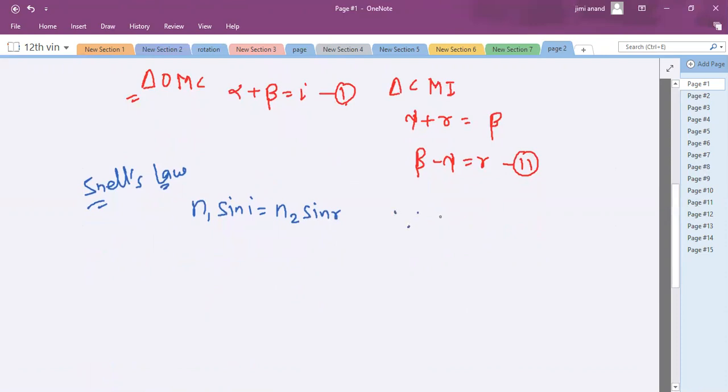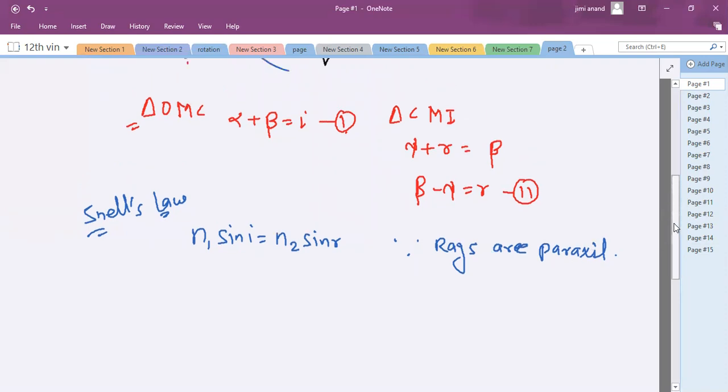Since rays are paraxial, we have already studied about paraxial rays. What are paraxial rays? Those rays whose angle of incidence is very small, meaning the ray is very near to the principal axis or optical axis. They are called paraxial rays.